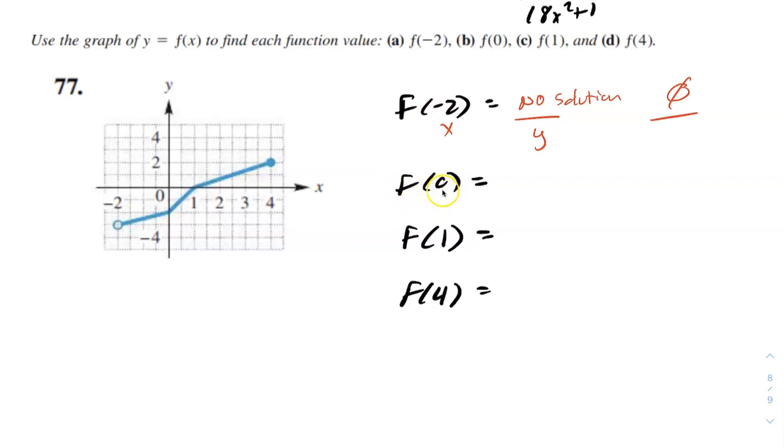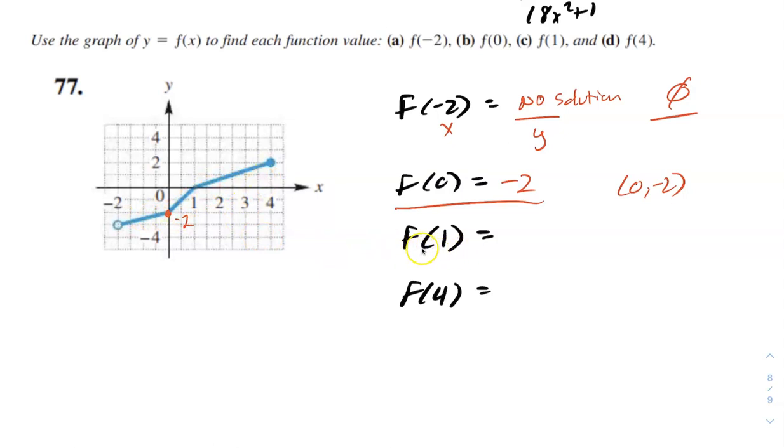Like the next one, right? So my x value is 0. When x equals 0, what's the y value? So here's 0. What's the y value? Negative 2. Basically it's saying at the point 0, negative 2, that's a point on the graph. Yes, it is.